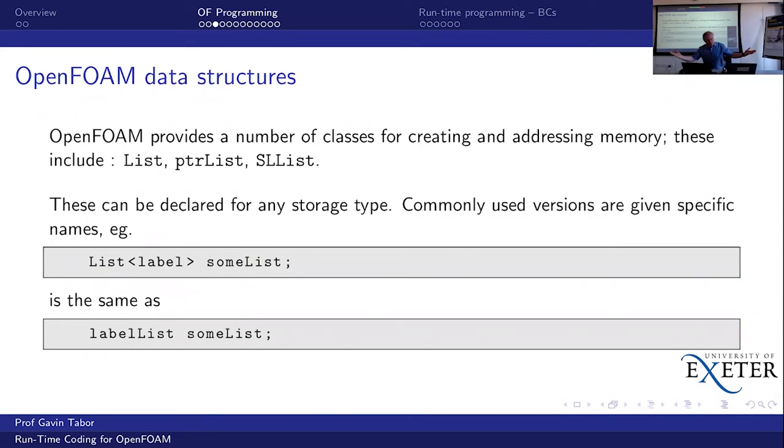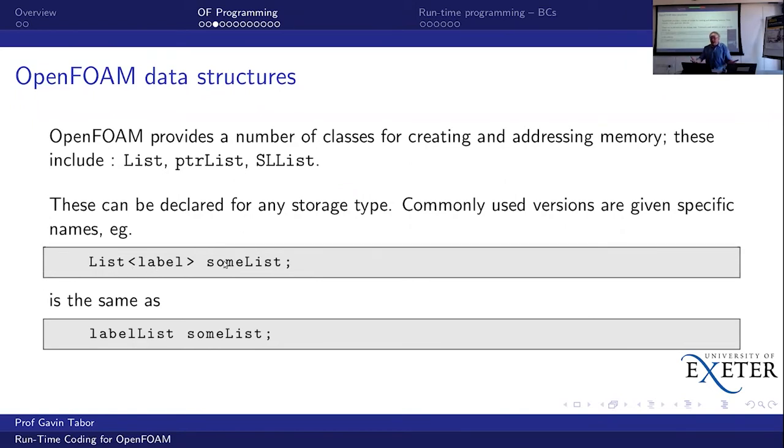So, here we go. We've got a number of classes for creating and addressing memory at the basic level. And this is a list, which is a simple fixed length structure of data, but also pointer list and singly linked list, which are variable here. And these are what are called template classes, so they can be declared for any storage type. And if you look in the code, you might well see something like list of labels, sum list.